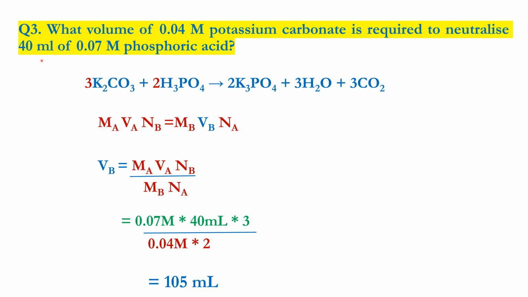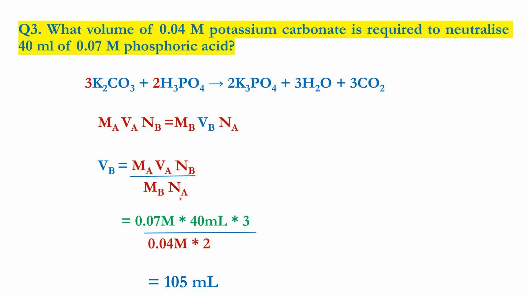It says 40 ml of 0.07 mole phosphoric acid, so we put it here. Nb, number of moles of base. The base is potassium carbonate, 3. So that's 3, the number of moles. We put it here, divided by molarity of base, which is 0.04 mole because we are given 0.04 mole potassium carbonate, which is the base.